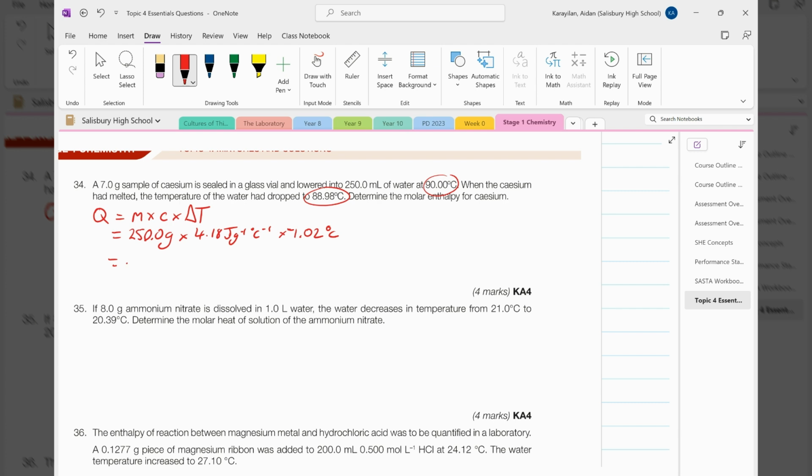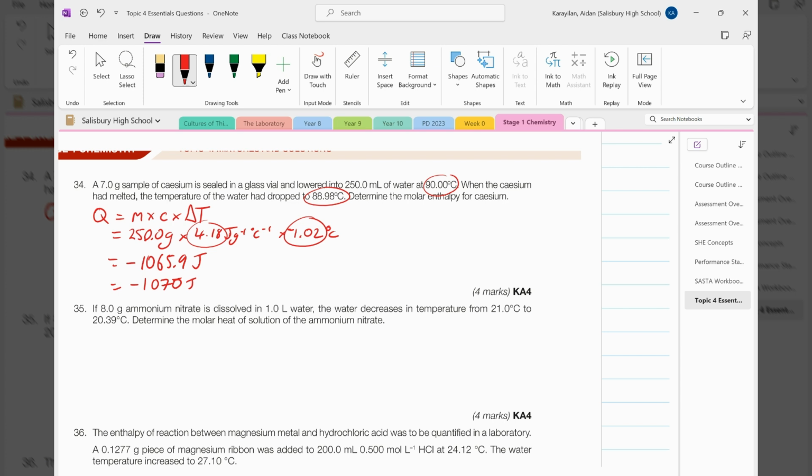So we have negative 1065.9 joules, and in the correct number of significant figures, which needs to be 3 because these values have 3 significant figures, that is negative 1070 joules. That's got 3 significant figures. That's the amount of energy that has been lost by our water.